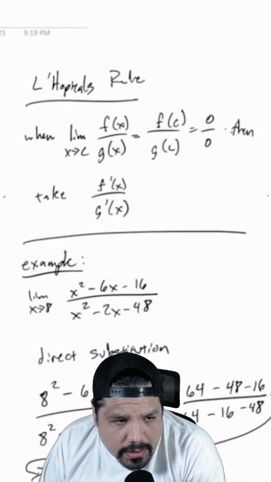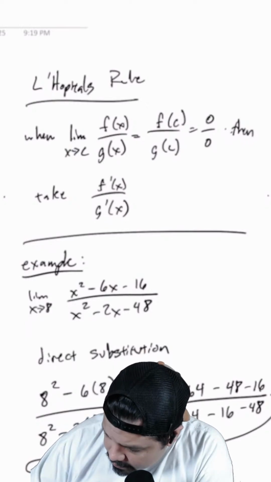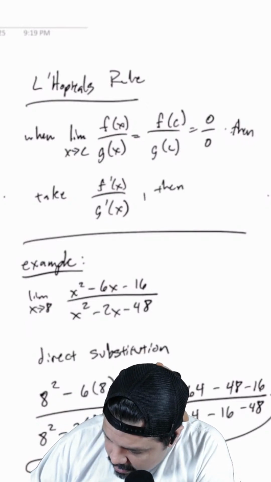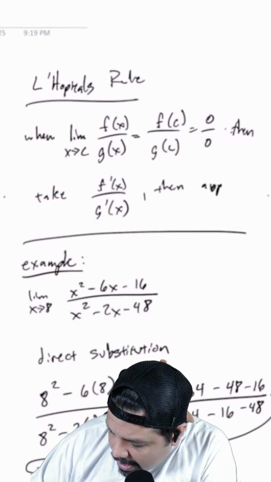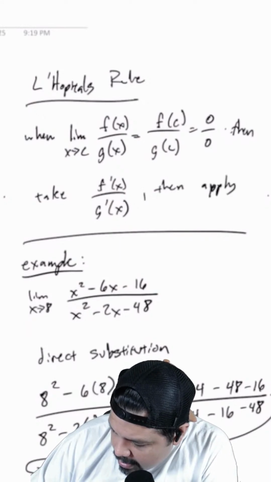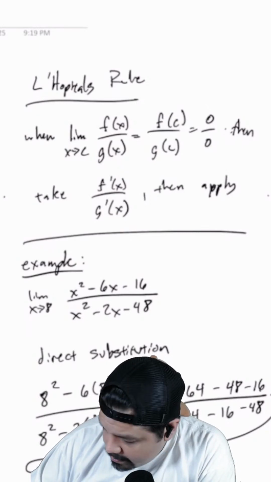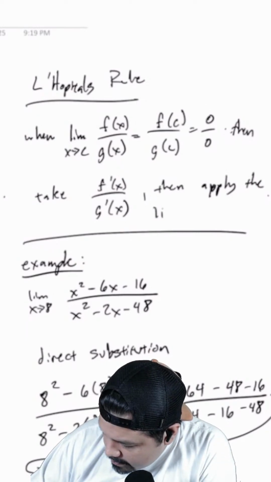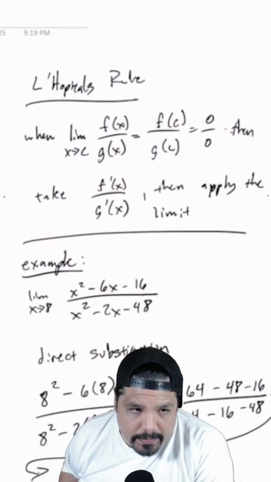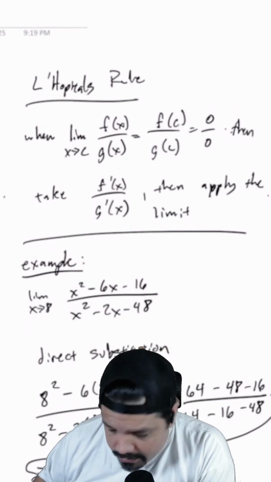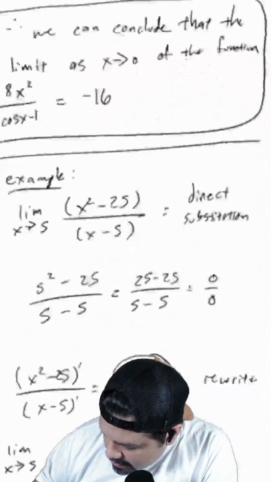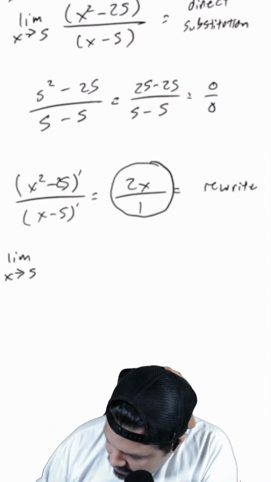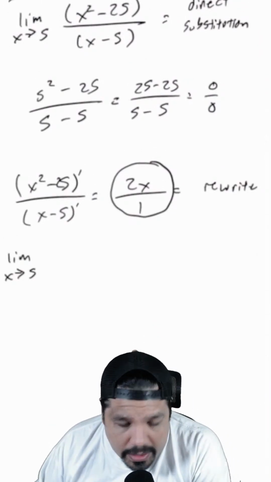We need to take the derivative of the top, and then apply the limit. Don't forget it. The limit as x approaches 5 of 2x.